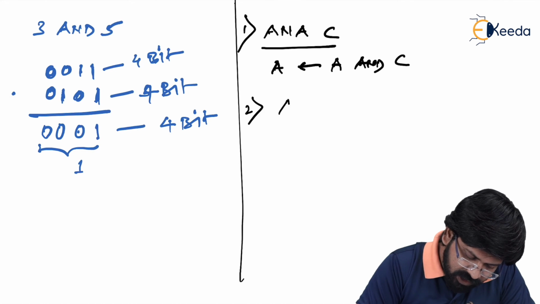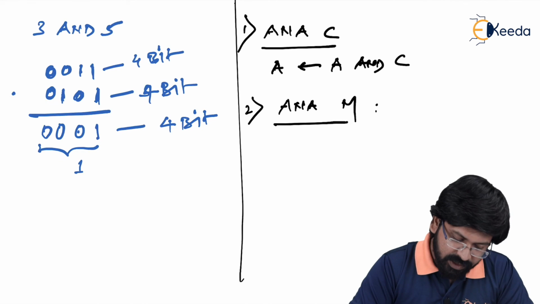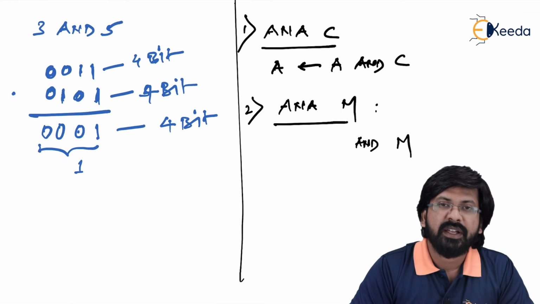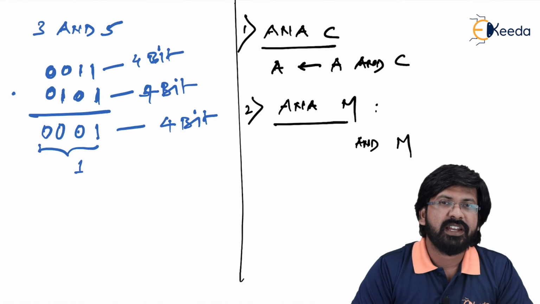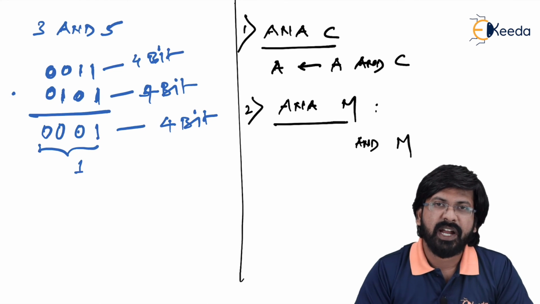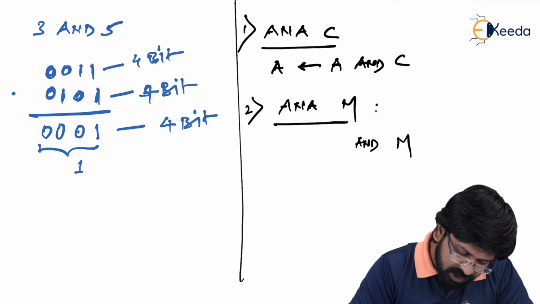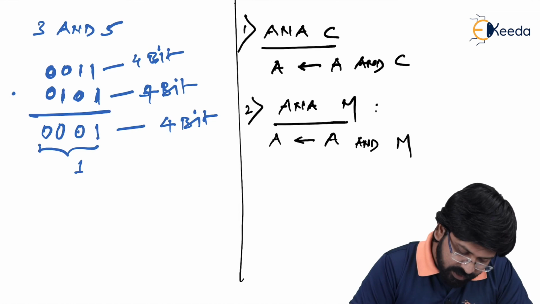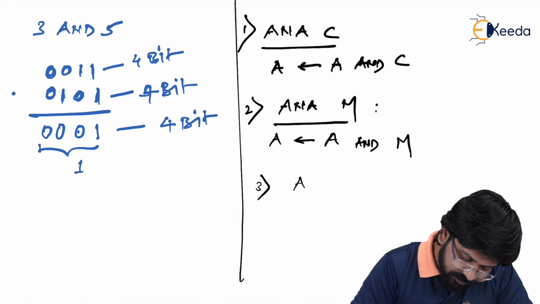The second variation I want to tell you is ANA M. So what it does is AND operation only, but this time with the content of memory as pointed by the HL register pair. Again, the HL register pair gives you an address, the data gets logically ANDed with the accumulator, and of course the answer goes to the accumulator. The third variation is ANI, let's say 60 hex.